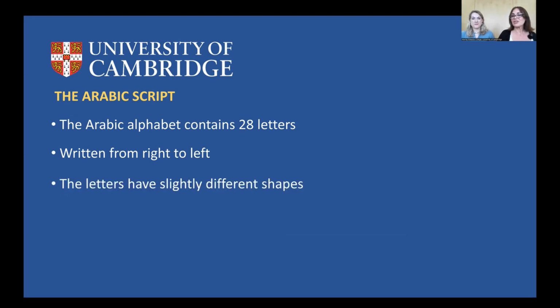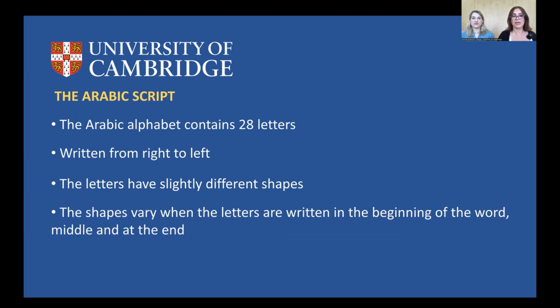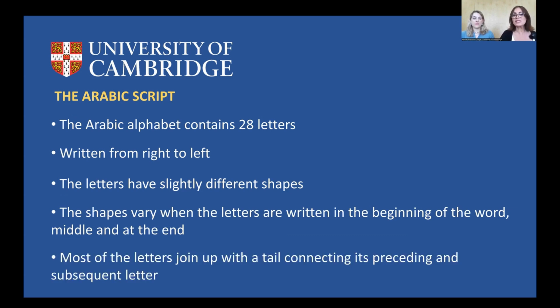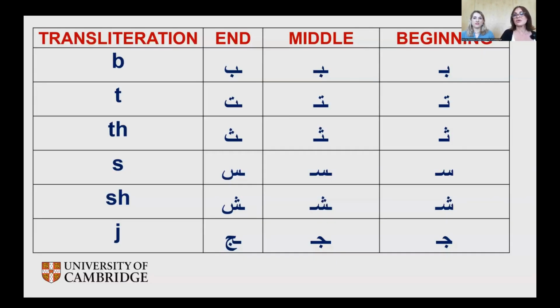Letters have slightly different shapes depending on where they are in the word, whether at the beginning, the middle, or the end. Most letters join with a tail, connecting with the preceding and subsequent letters. For example, here you've got the B. I don't know whether you can see my cursor.